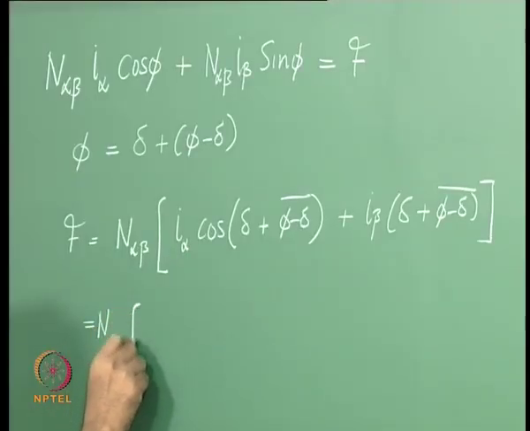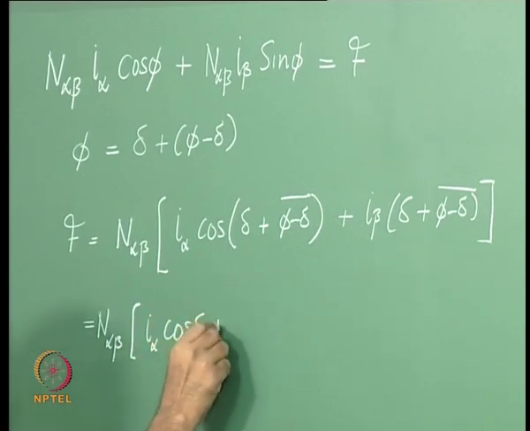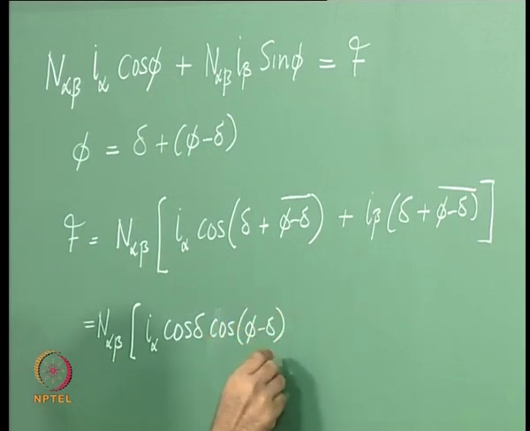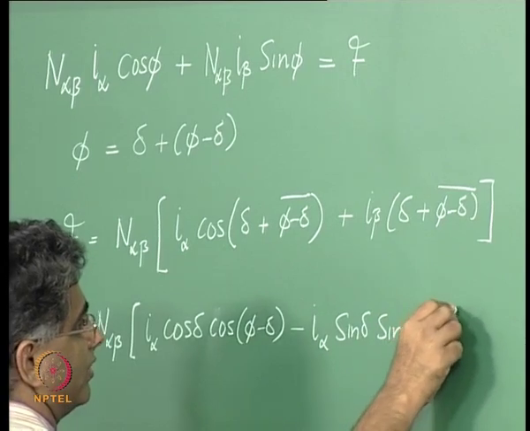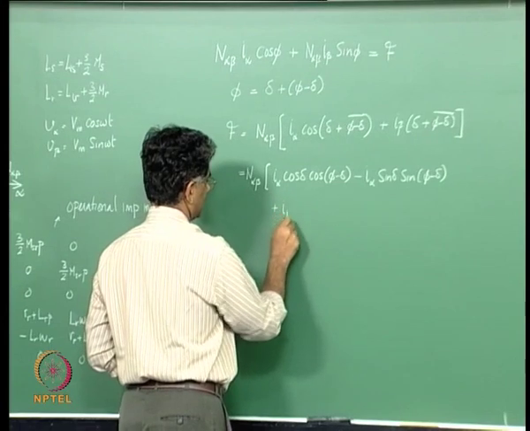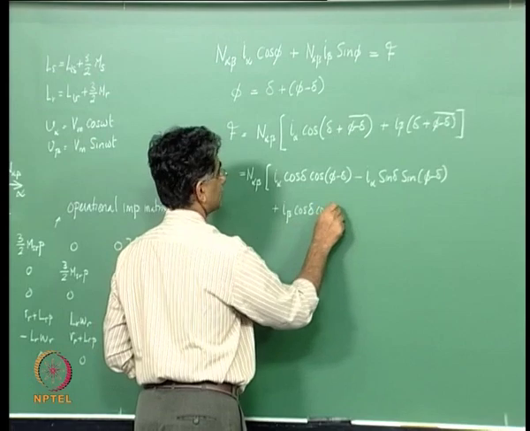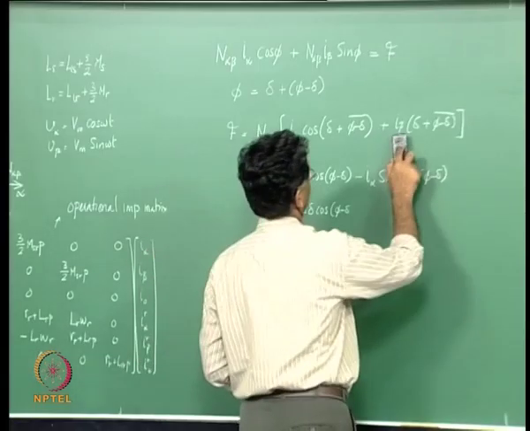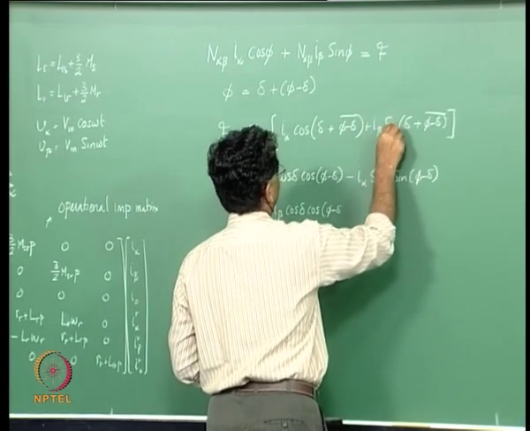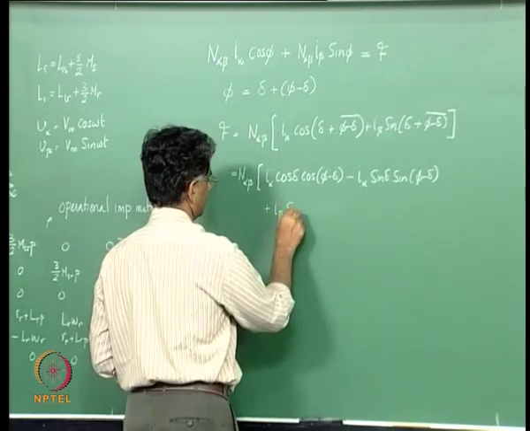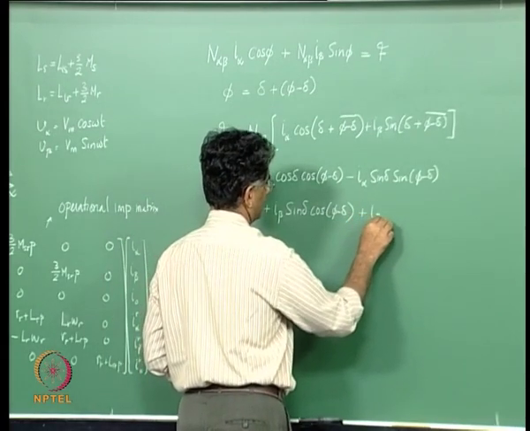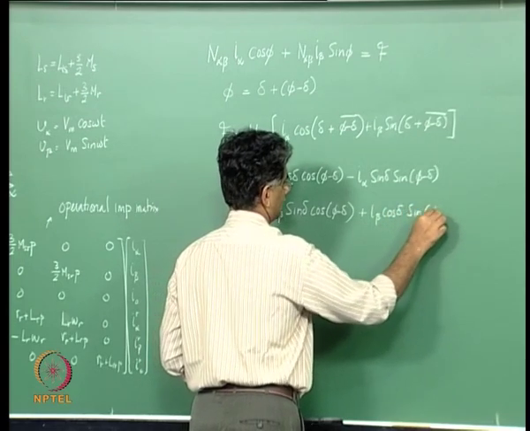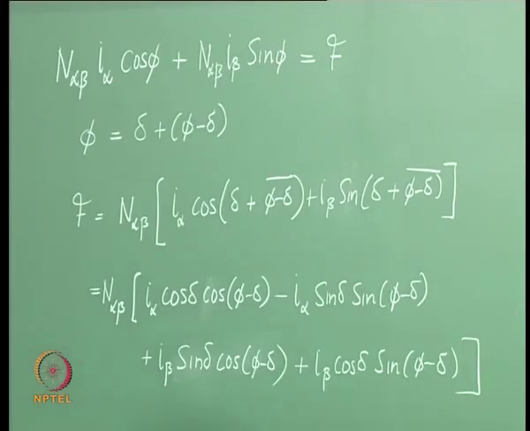So, you have n alpha beta multiplied by I alpha cos delta cos phi minus delta minus I alpha sin delta sin phi minus delta, and then plus I beta sin delta cos phi minus delta, using sin A cos B, and then plus cos A sin B. That is the expression you get upon expanding this MMF term.